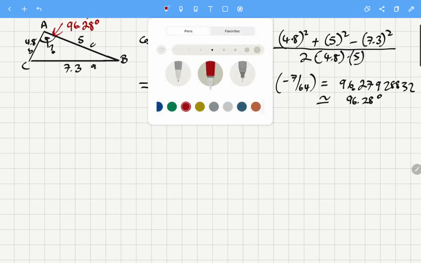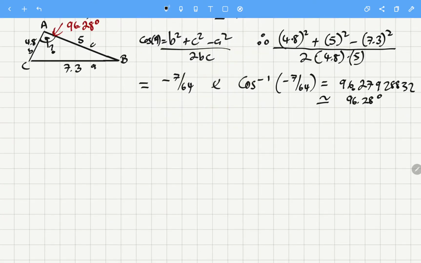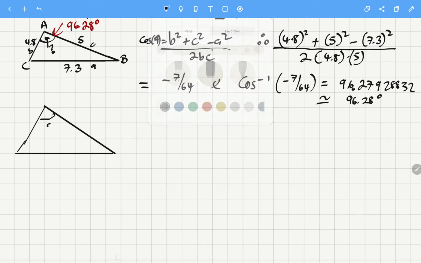Then another example as well, the final example for this video. I'll draw another triangle again. I'm told that this is 94 degrees, and I'm going to call it again ABC.